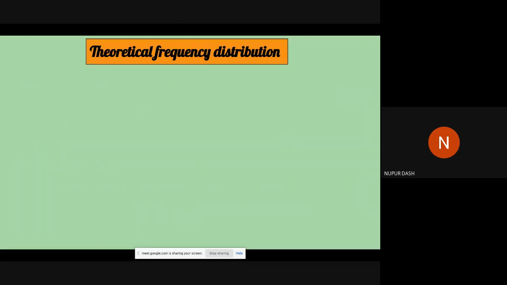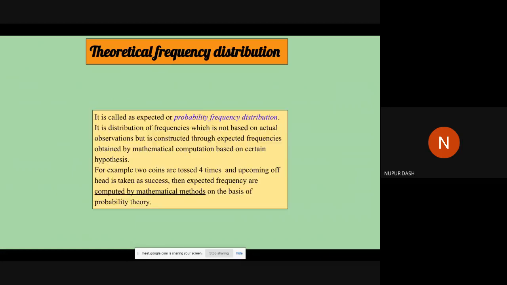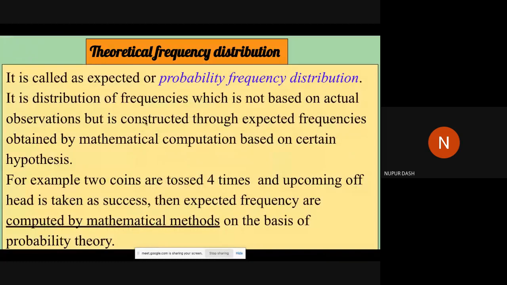Now, the second is theoretical frequency distribution. From the word theoretical only, we can guess that this frequency distribution is not based on actual figures, right? It is something which is probable, which is expected. So it is called expected or probability frequency distribution. It is a distribution of frequency which is not based on actual observation.